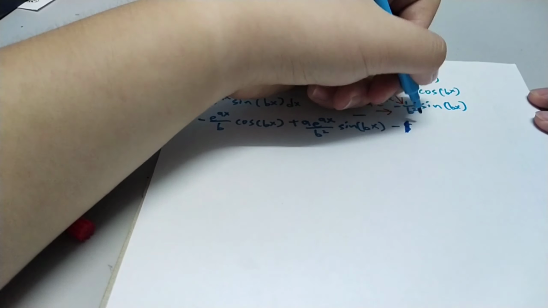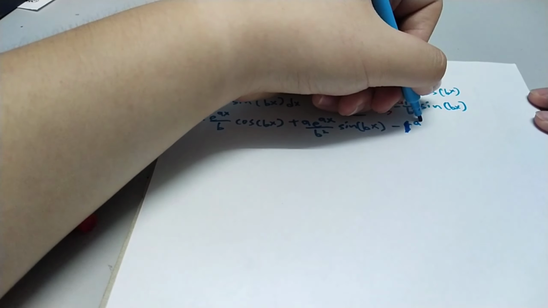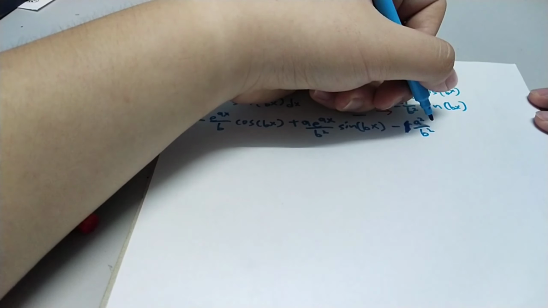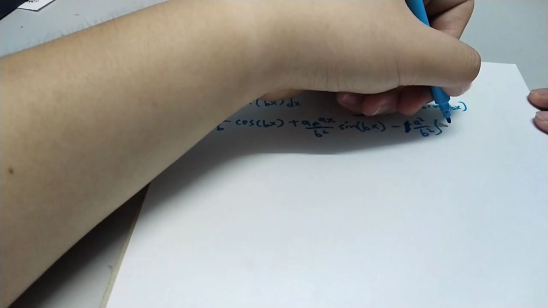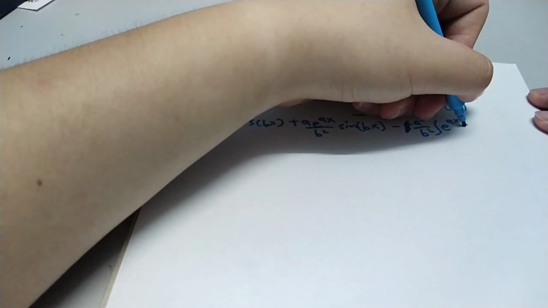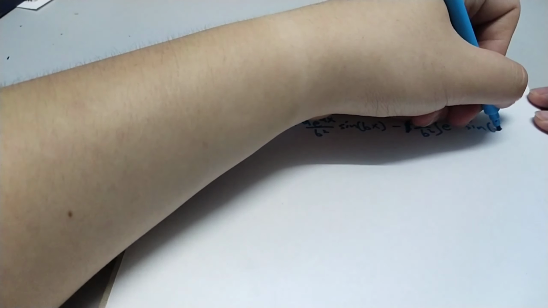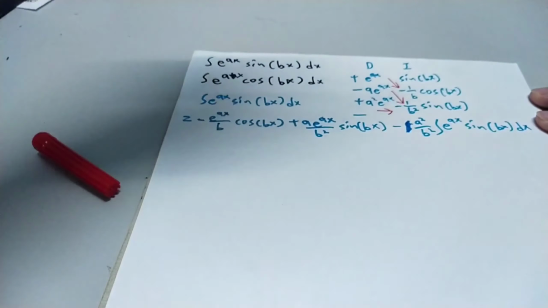So multiply it, since a and b are just constants, a squared over b squared is just a constant, times e power of ax times sine of bx dx.